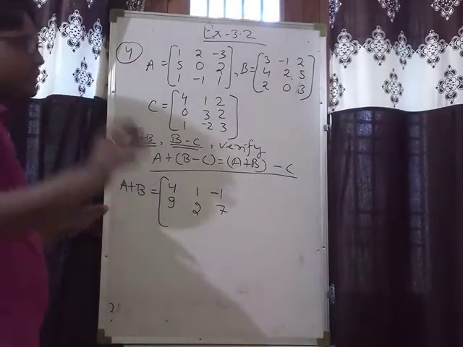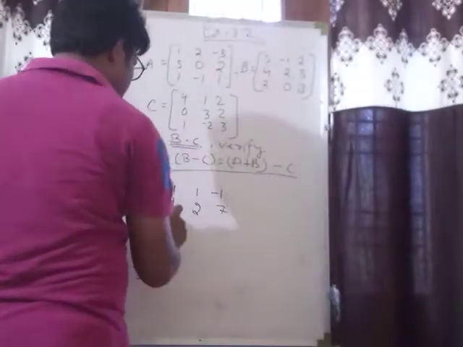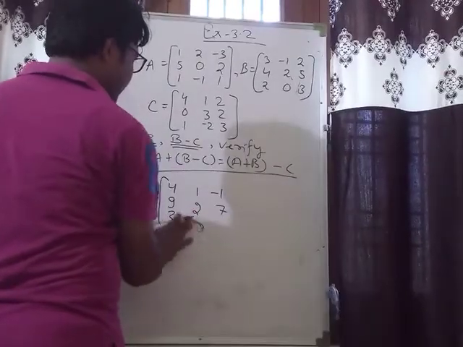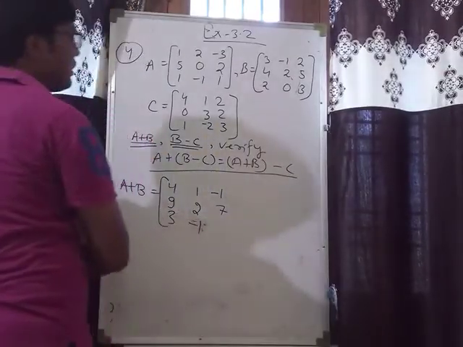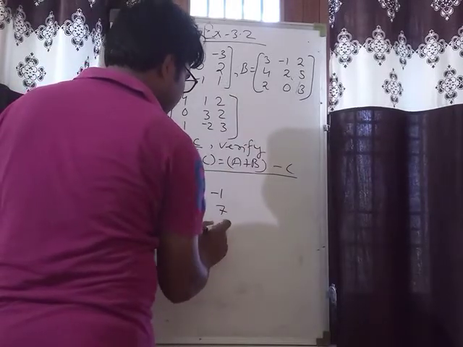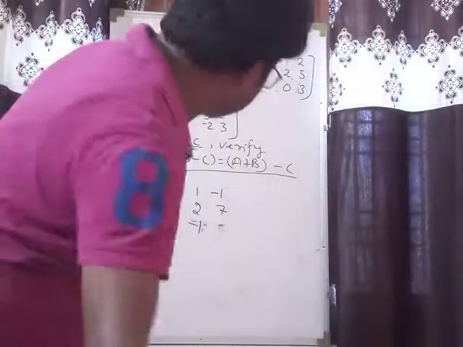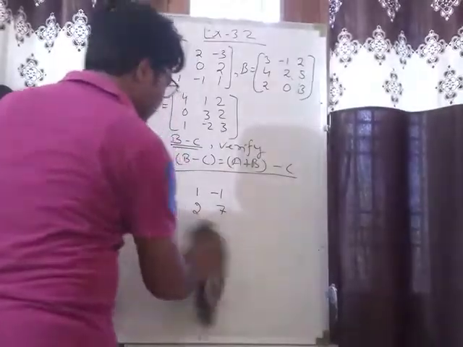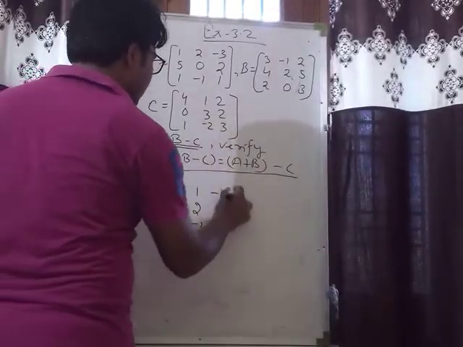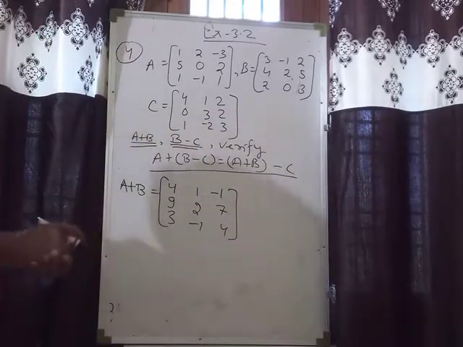Add corresponding entries. 1 plus 2, 3. Minus 1 plus 0, minus 1. 1 plus 3, that is 4. Okay? That is A plus B.